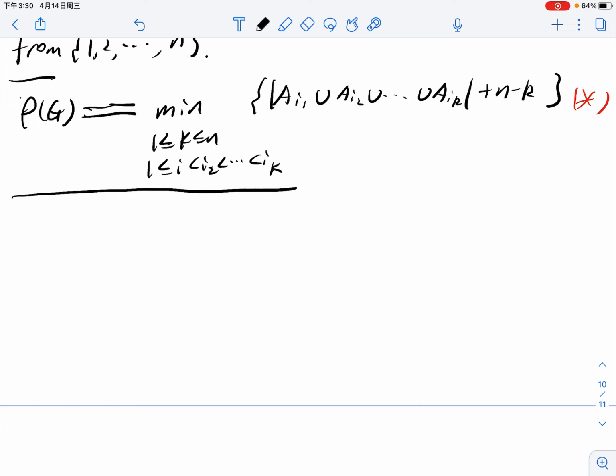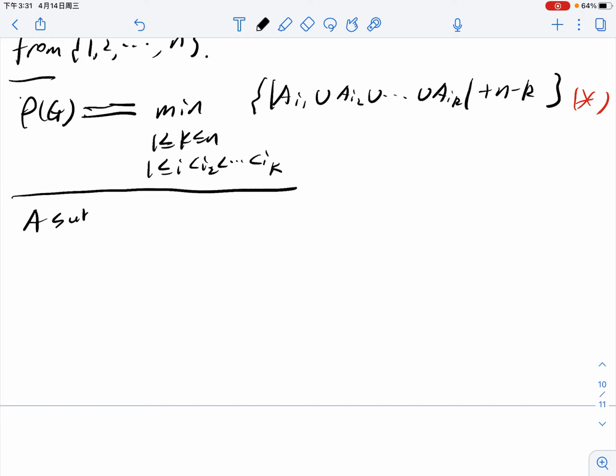Okay, and another way to formulate this numerical criterion in a geometric form is to use the notion of a cover. We don't have a lot of time to discuss the details, but I would still like to introduce the notion to you.